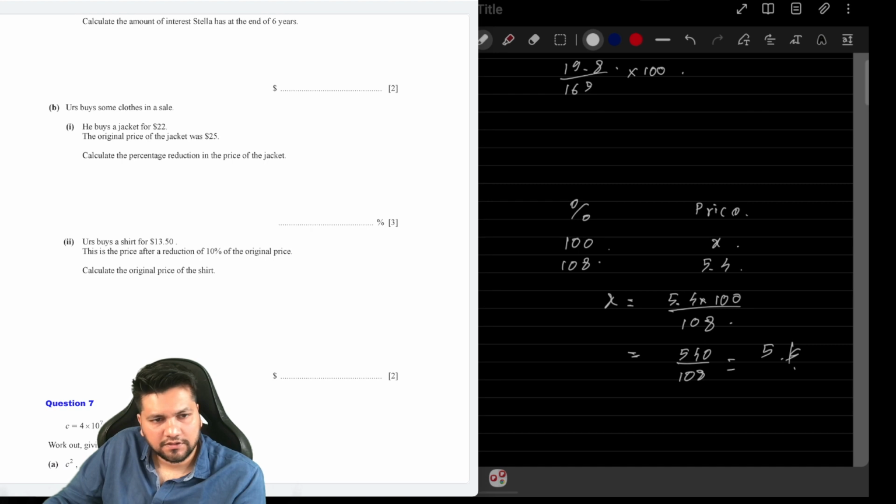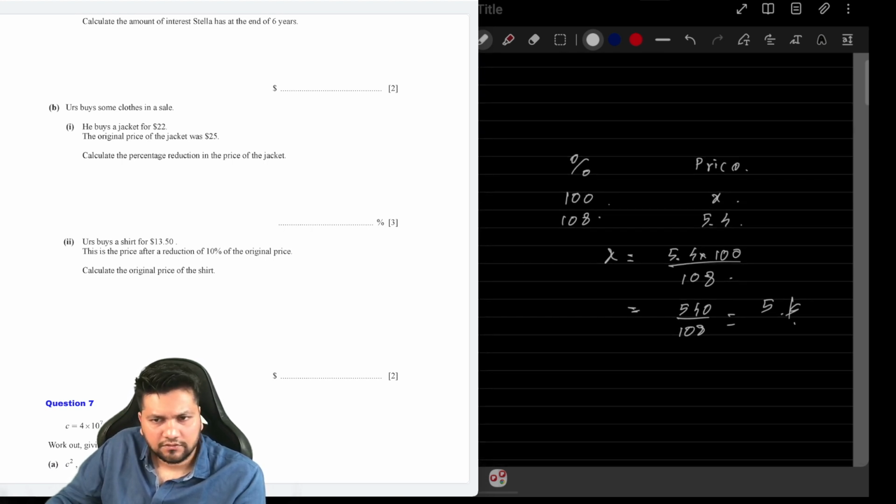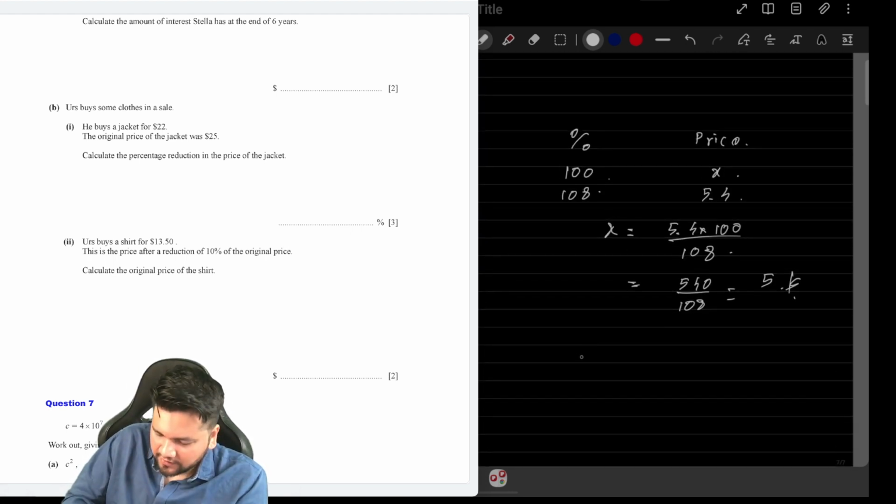See, look at this question. Uras buys some clothes in a sale. He buys a jacket for $22. The original price of the jacket was 25. Calculate the percentage reduction in the price, basically discount. So see, again we are going to compare the price with percentage.